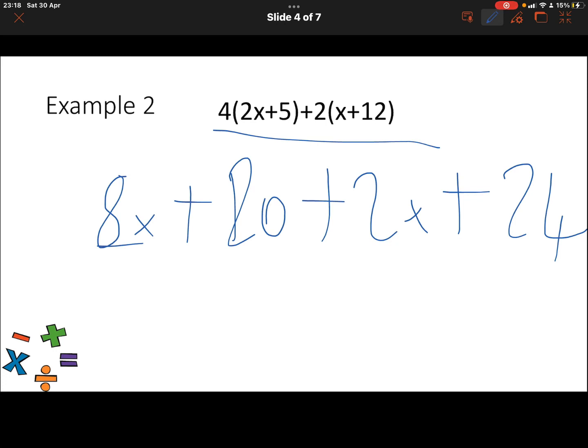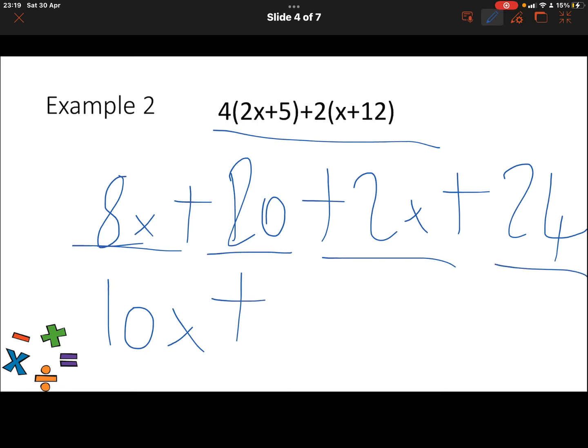Now we have a plus 8x and we have a plus 2x. So we can put 10x plus, but then we also have a plus that and a plus that. We have 2 pluses, so we can add them together to equal 44. And that is your answer. Now if there's minuses in it, it's going to get a bit confusing, but obviously we don't have to come across that right now.